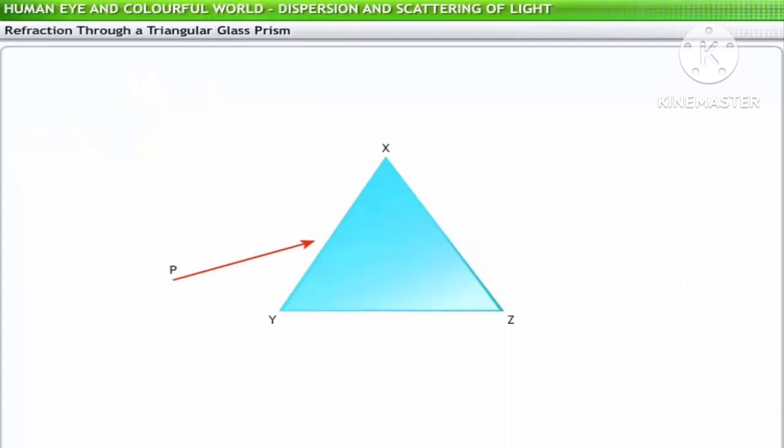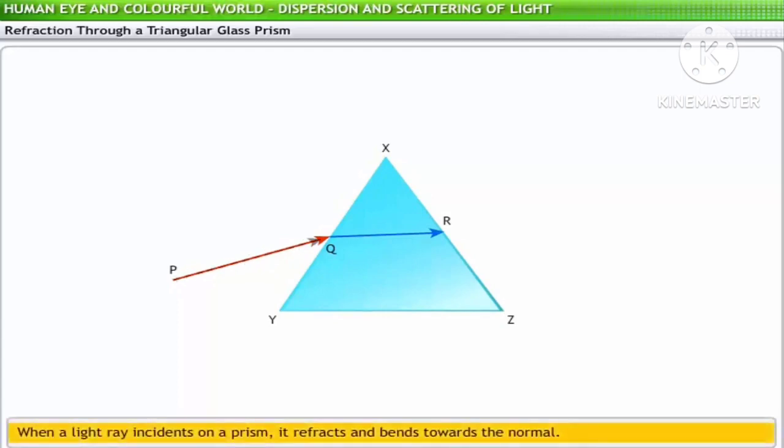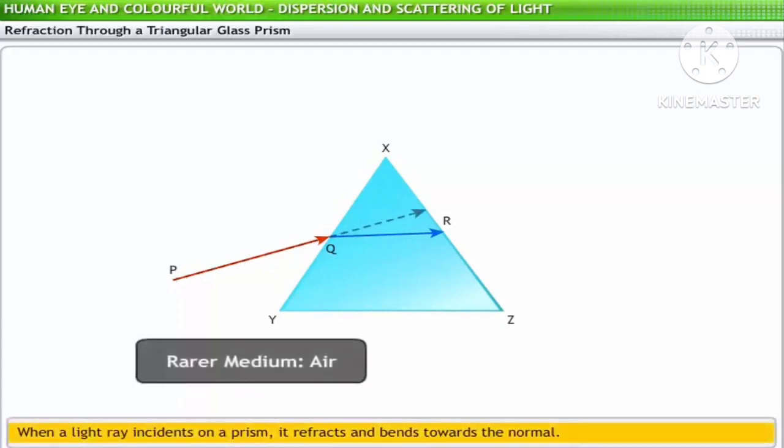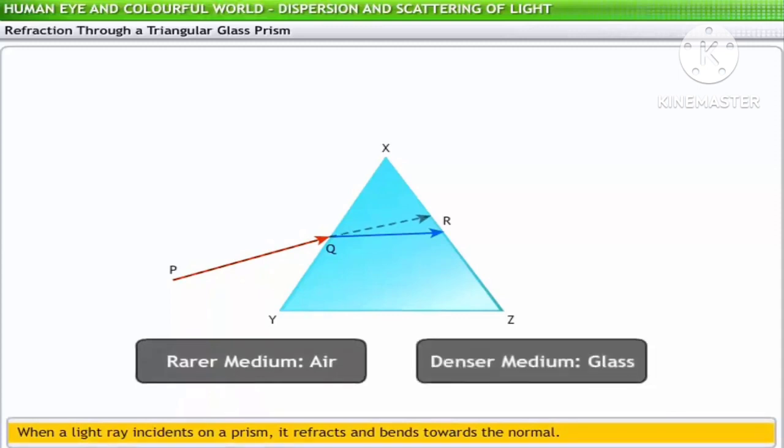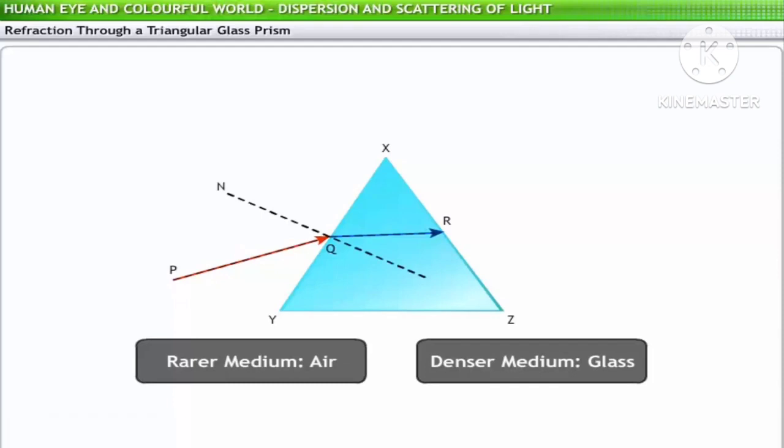When the light ray PQ is incident at Q on the face XY of the cross-section XYZ of the prism, it refracts and propagates forward inside the prism. As the light ray passes from a rarer medium, which is air, to a denser medium, which is glass, it bends towards the normal.